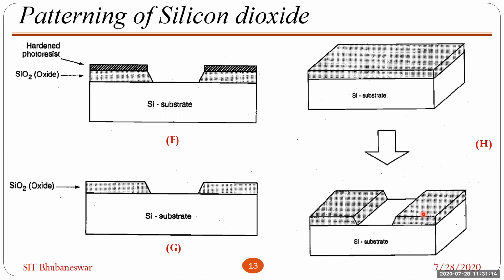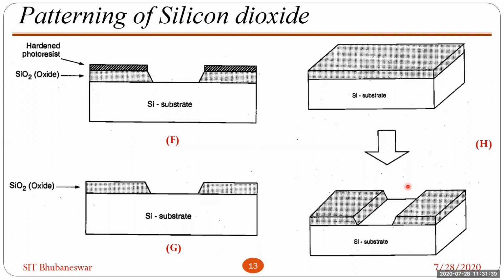See here, this free region will be used for your gate creation, which means your transistor gate. That's why you remove that. Finally, you can see the right part of the figure. From a simple silicon structure, over that oxide is there, a whole layer of oxide.